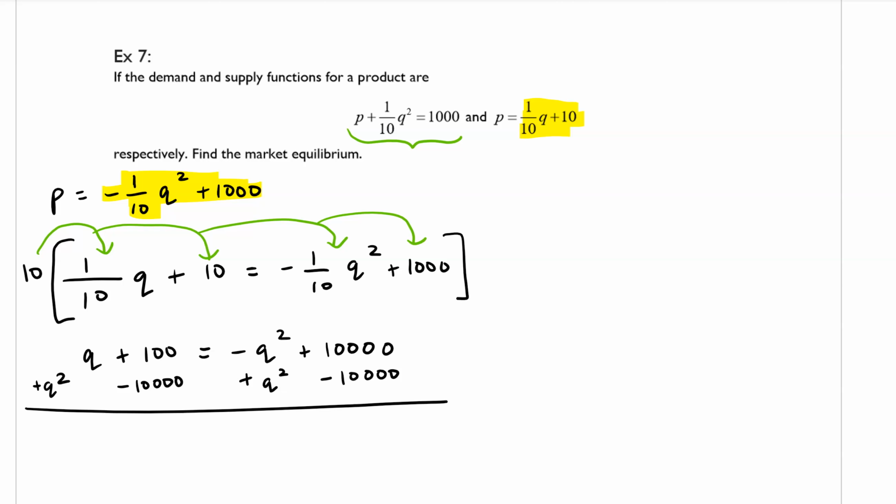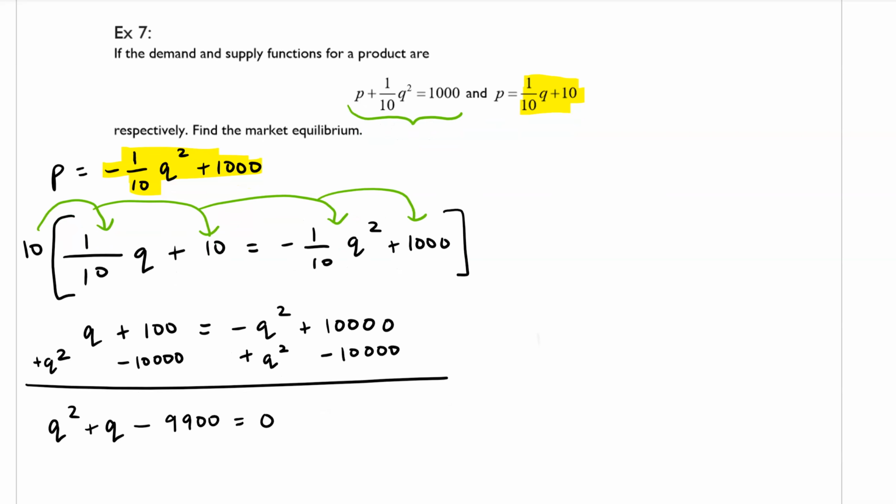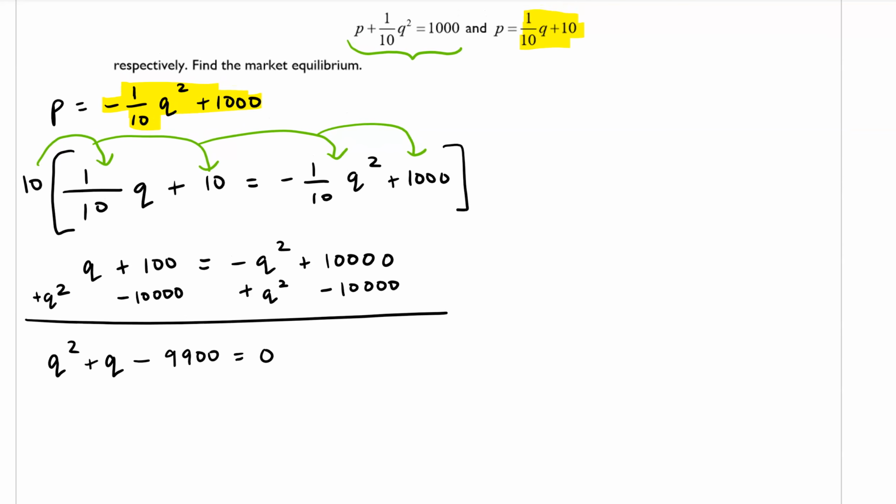So if I do that, then we get Q squared plus Q minus 9,900 is equal to 0. All right, so instead of trying to use the quadratic formula first, I am going to try and factor that using the x method.